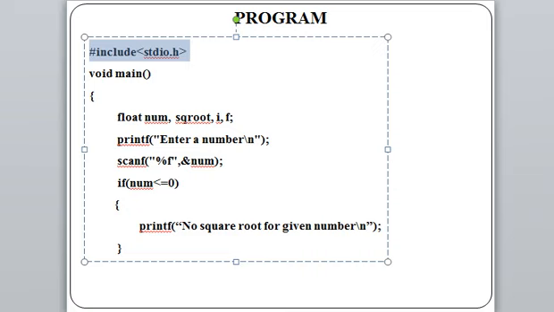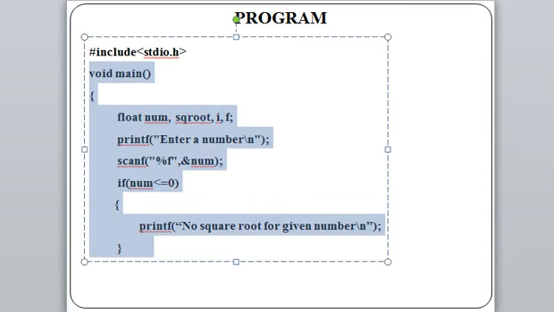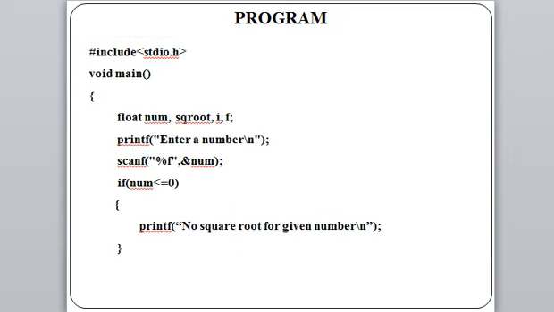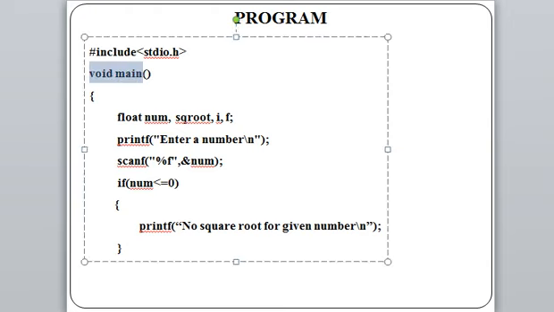Now all those statements we have inside the function main are considered instructions to the processor. So C program execution starts from function main, where we have local variable declarations, float num. I want to find the square root of a given number, so a number must be entered from the keyboard. That is num.